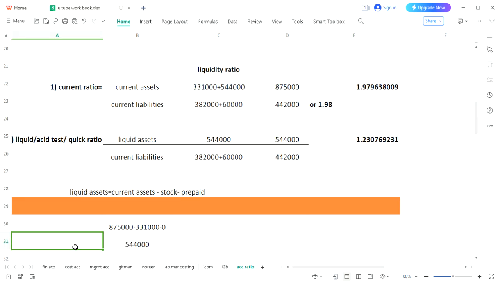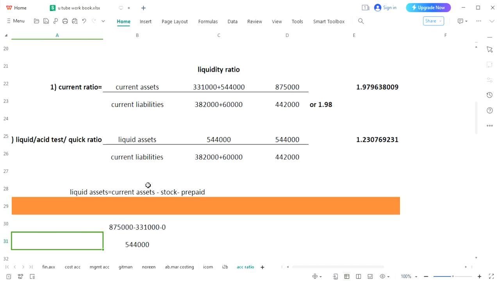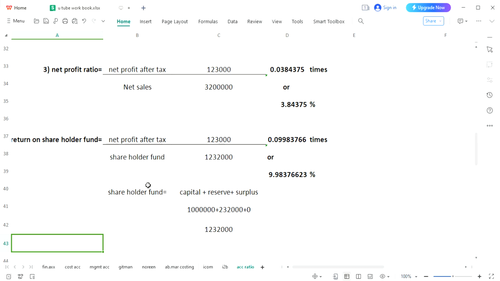So we have completed profitability, where we have calculated net profit return on shareholder fund, and now activity ratio, where we need stock turnover. So here this formula is number 5. We will calculate stock turnover ratio. This formula should also be in your mind.